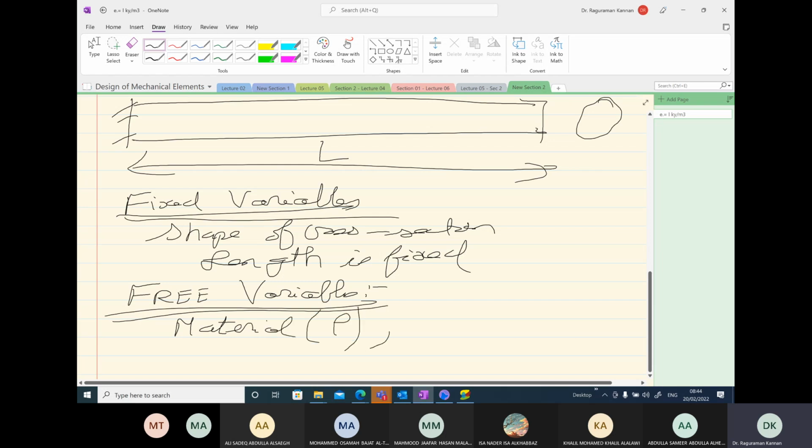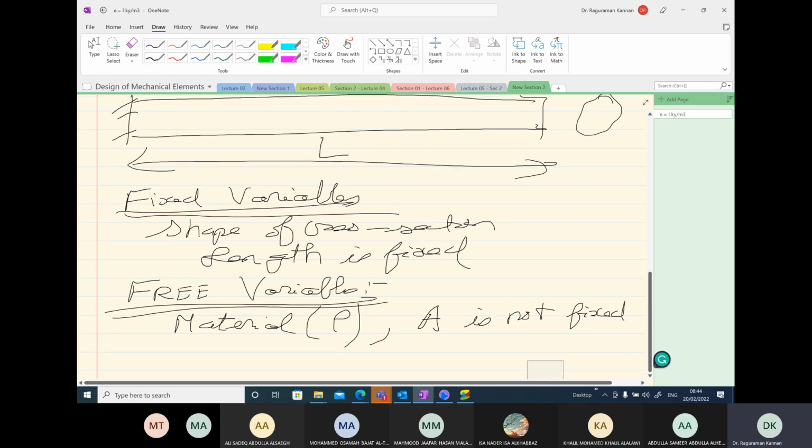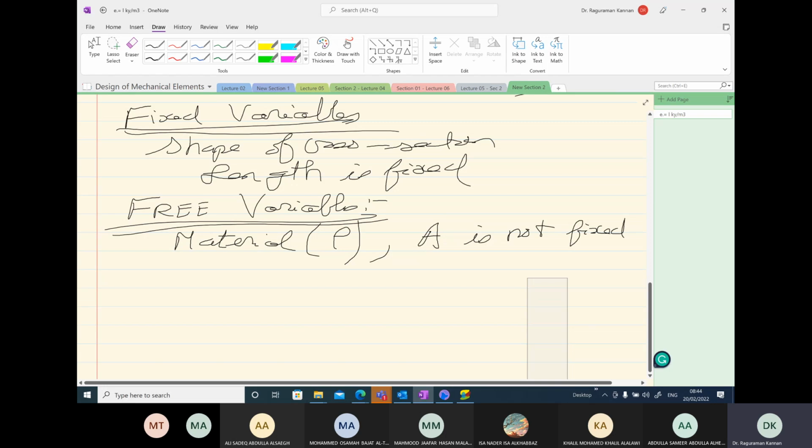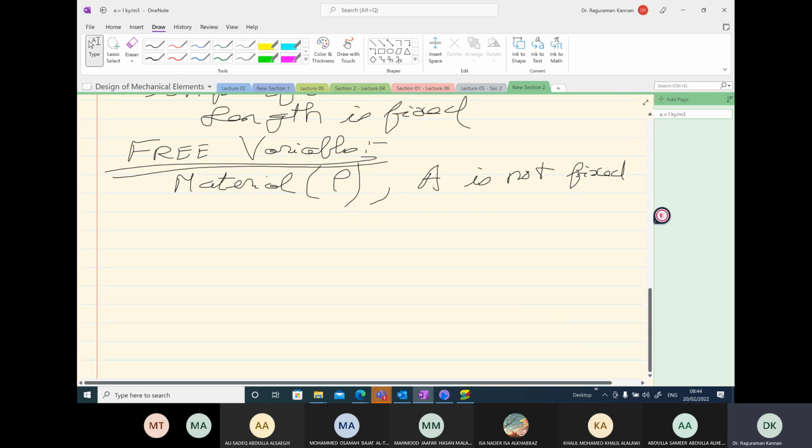Then the shape of cross section is fixed. However, the size, what about the size? No, right? So the radius or the area of cross section, A, is not fixed. So A is a free variable. Okay, so we have identified the objective and everything. Now we write it. What else before that?